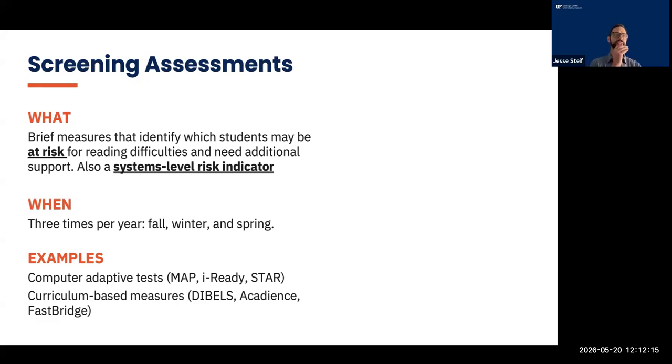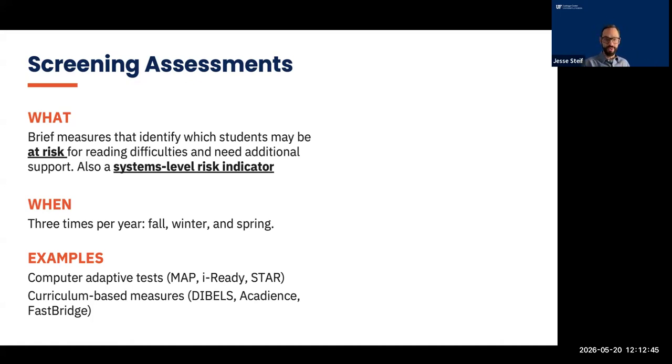So I want to talk a little more about this concept of risk and what screeners actually do. Screeners include STAR Reading, other computer adaptive tests like MAP and iReady, or curriculum-based measures like DIBELS oral reading fluency, or Acadian's oral reading fluency. When I'm thinking about early literacy, I think of them as the closest thing we have to a crystal ball to predict where a young student is headed.